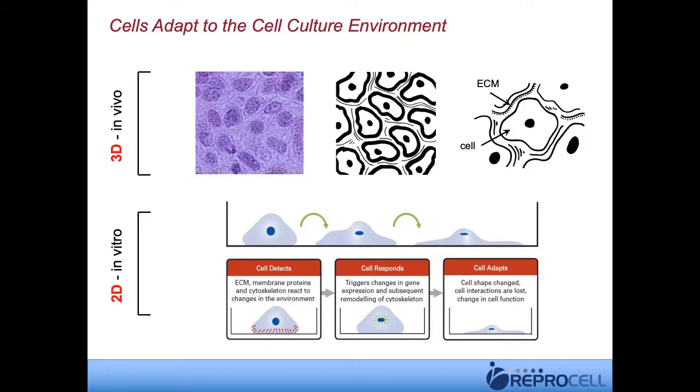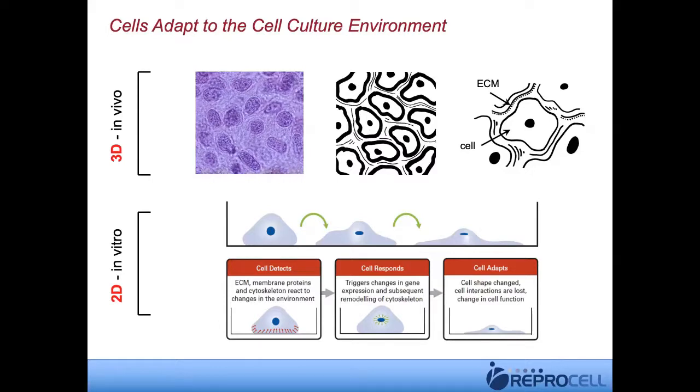Now in vitro, particularly in conventional 2D culture, we break down those relationships between cells and we introduce them into this foreign microenvironment, and they encounter a flat planar substrate, and those cells will change their shape and form. As they do so, they will remodel their internal cytoskeleton, which can impact on major organelles such as the nucleus, which in turn can affect gene and protein expression and therefore function.